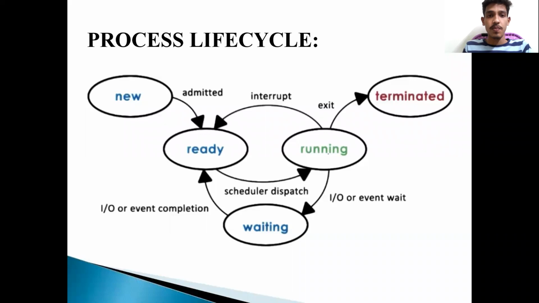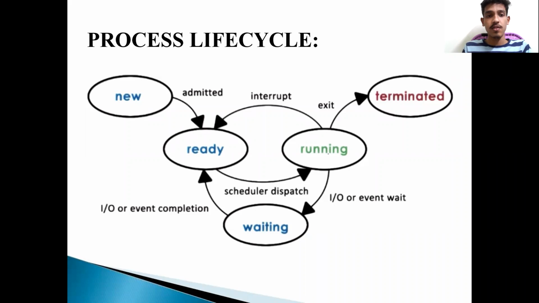This is process life cycle. Here we have five stages of a process. First one is new, second one ready, then it goes to running, next terminated, and waiting also.